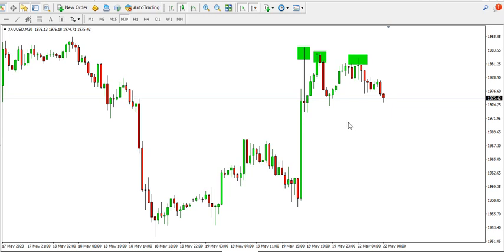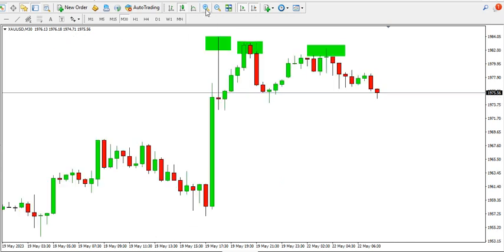So if you are buying gold, be cautious at this moment, and you might want to wait for a possible breakout of this triangle before you take your position.